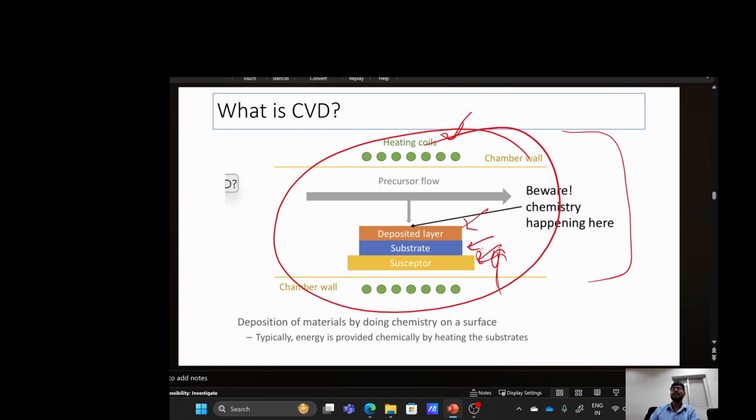Everything should be quartz or similar materials. The susceptor may be quartz, which is nothing but SiO2. These are the chamber walls. To provide the energy, we can install heating coils to heat up the walls or directly heat up the susceptor as well.